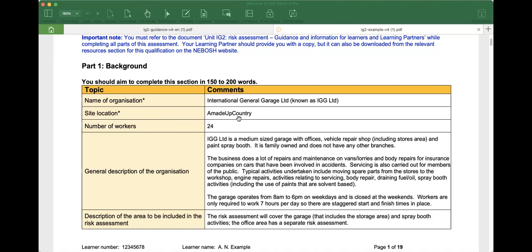Like site location, you can write Jakarta, Indonesia, Balikpapan, Indonesia, or wherever your company is located. So you can write the site location here. You can see the mouse cursor. And number of workers, how many employees are working in your company, you need to write this information here.